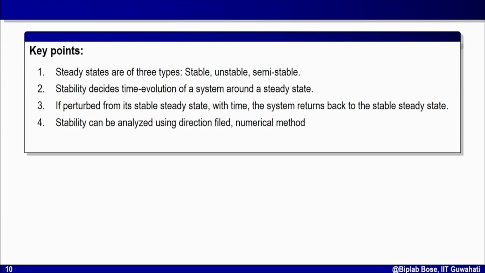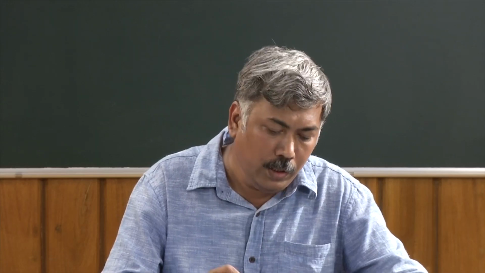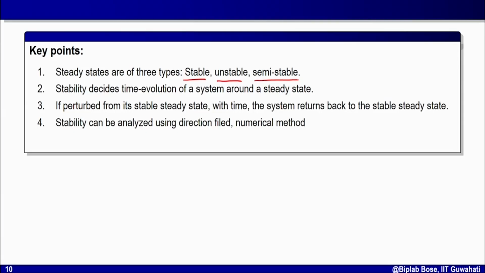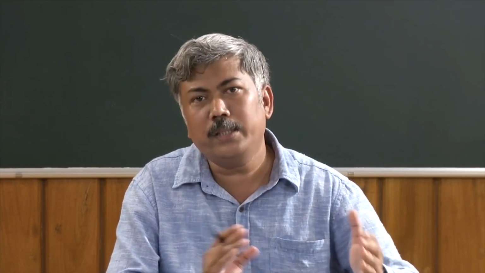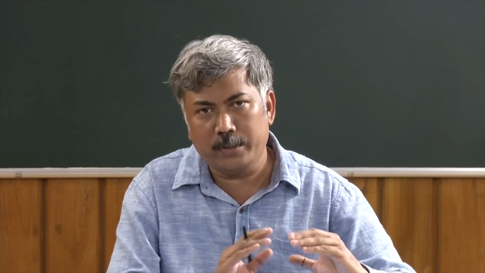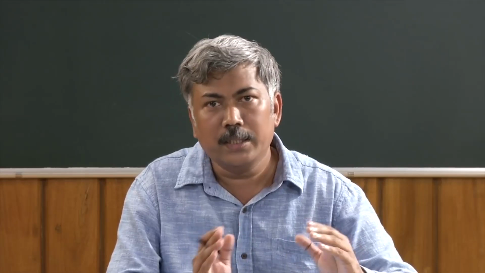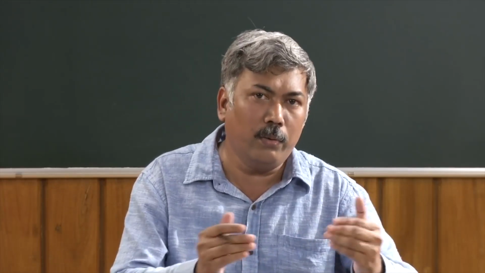Let us now jot down what we have learned here. We have seen that a steady state can be of three types: stable, unstable, and semi-stable. Stability analysis also helps us to understand how the system or the dependent variable will evolve with time around the steady state. If you have a stable steady state, and if you start near it, you will collapse at that stable steady state.